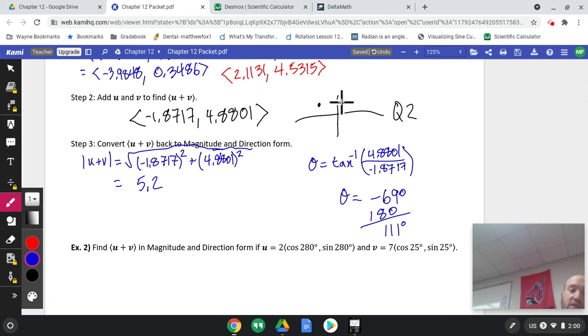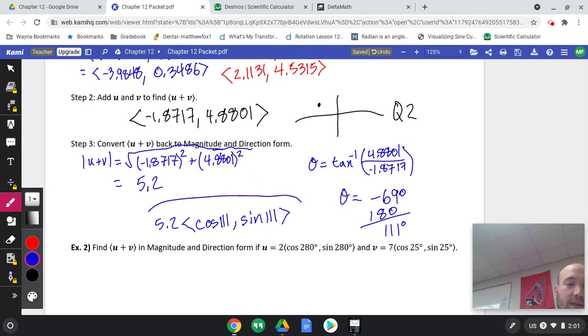So now, over here is 5.2, here's 111. To write our final answer, just 5.2 cosine 111, sine 111. And that is our final answer.